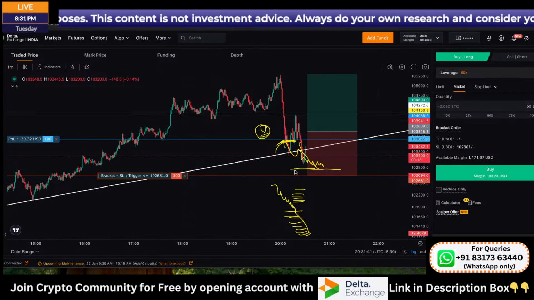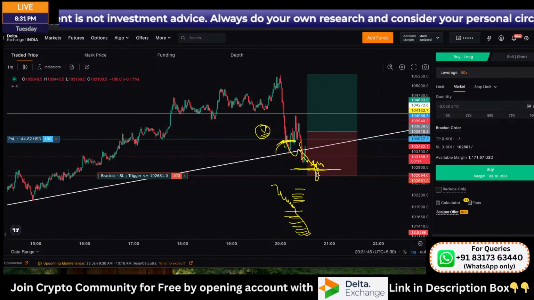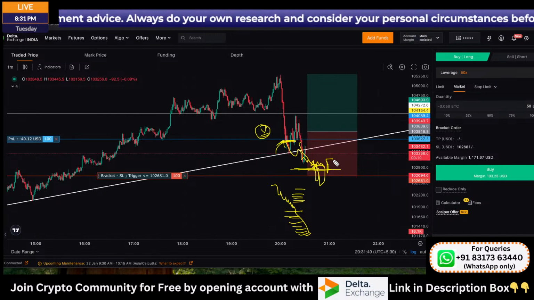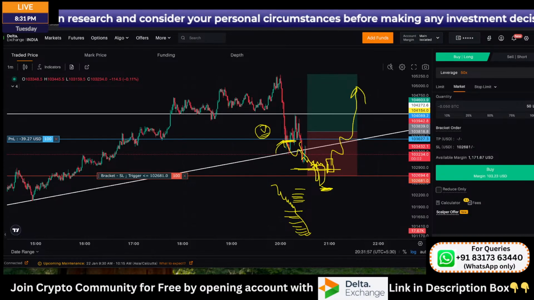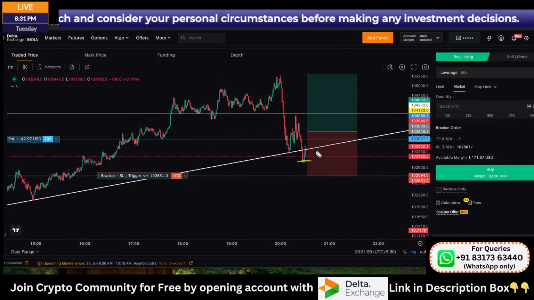Ideally, if the market has come to this zone, or let's say it broke my support level, sometimes a wick can also be created up to this zone, and here if I get one strong bullish candle, placing my stop loss here, I will be very confident looking for the trade. But here it is showing only a little bullishness. We will see.